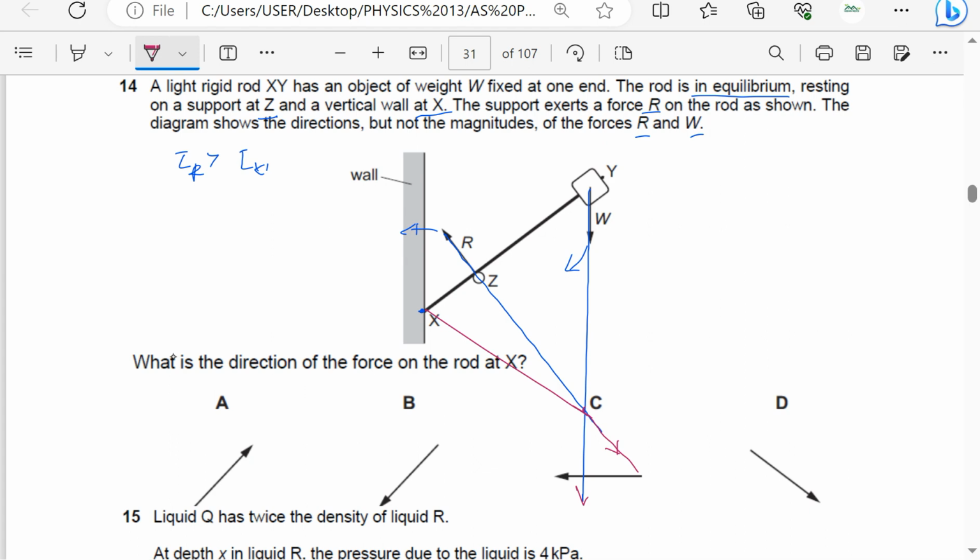So it means the force here should be acting in this direction here. So the force here is most likely going to be a force which is acting here.